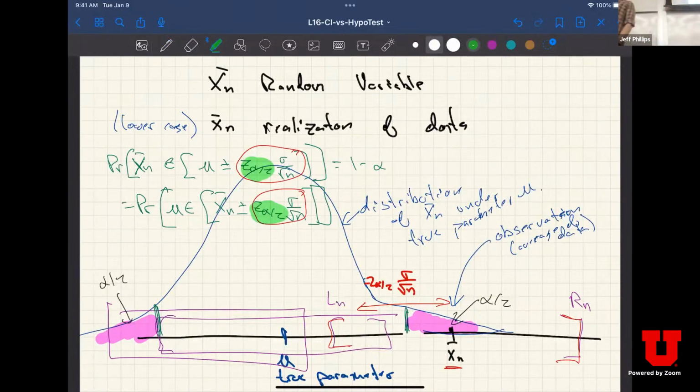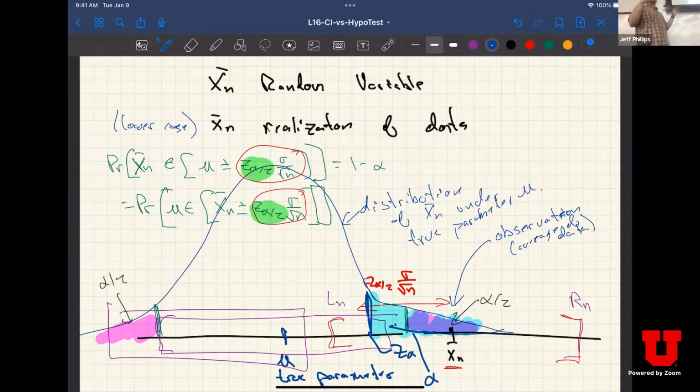For the hypothesis test, I would just use Z alpha, because I could only say that this whole region here has an alpha probability under the curve. So usually with hypothesis tests, you only look at one side.